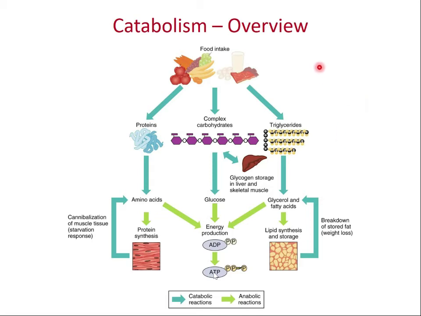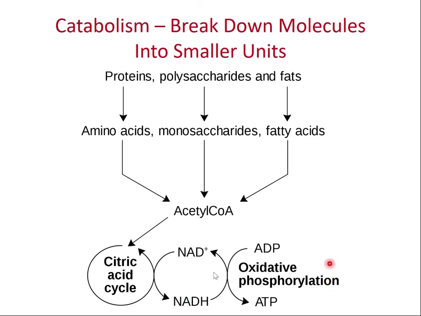But the catabolism process is when we take in food. Food has different nutritional components. We have proteins, we have carbohydrates, we have lipids, triglycerides. So the catabolic process will break them down systematically, even through a stepwise process, until we get to the smallest molecule and obtain all the chemical energy that's stored in there. So here again, catabolism is the breakdown of molecules into smaller units.